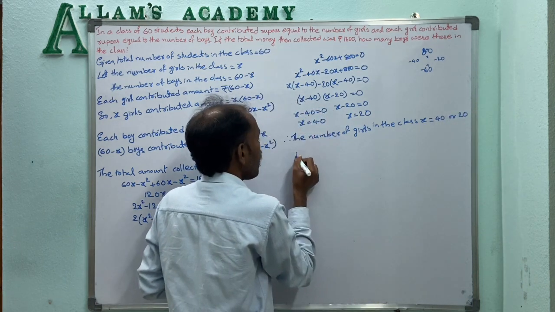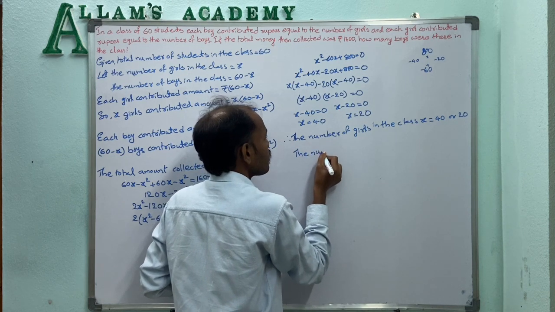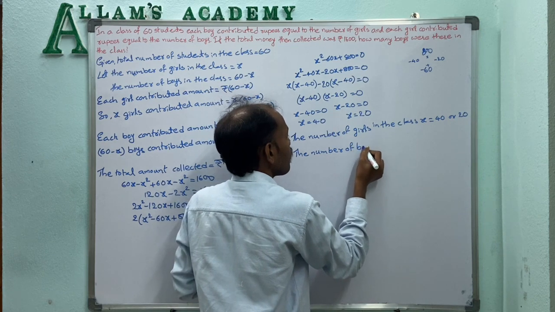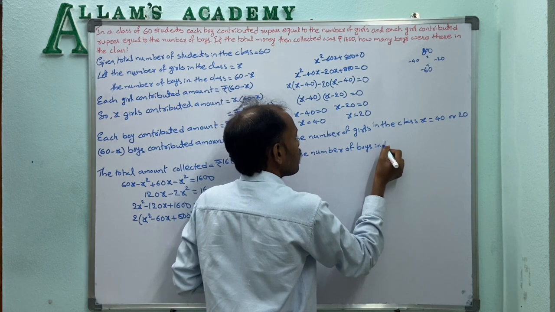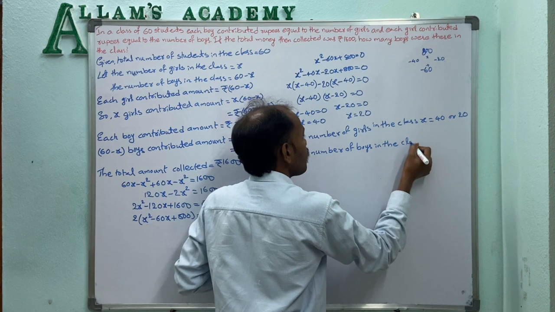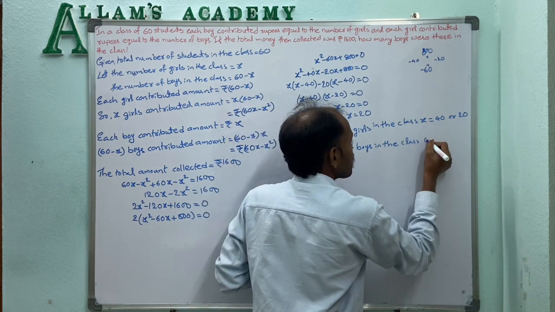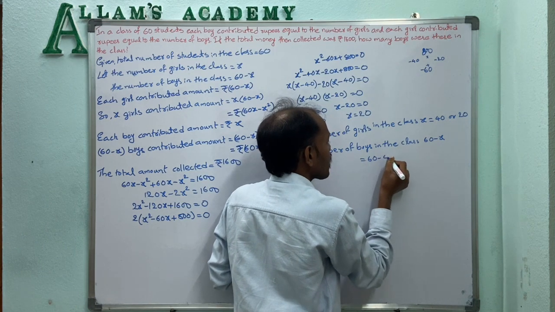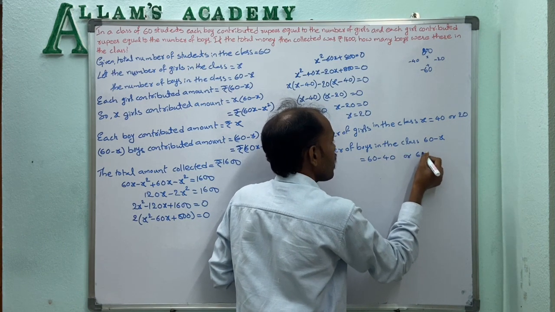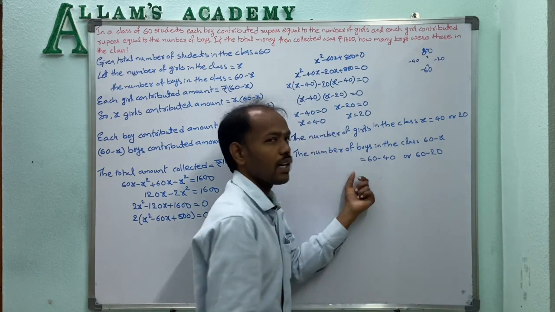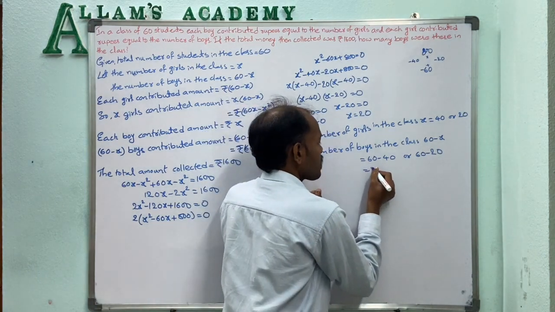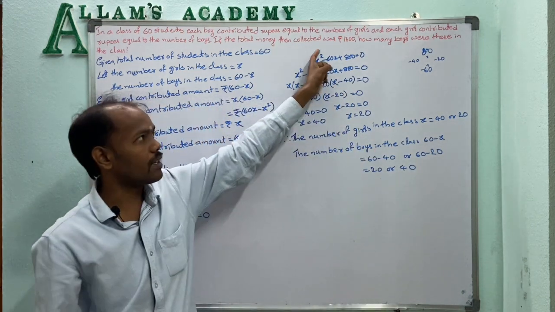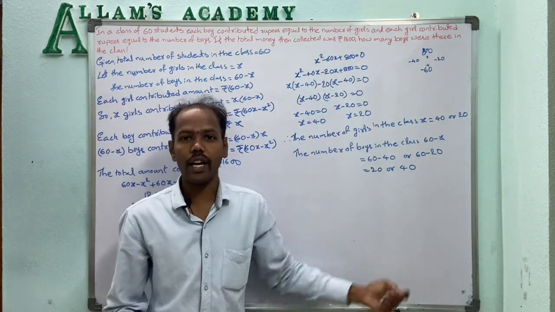So the number of boys in the class, that is nothing but 60 minus x. So that equal to 60 minus 40, otherwise 60 minus 20. If 60 minus 40 taken means 20. If 60 minus 20 taken means 40. So our task, number of boys are how many? They are 20 or 40.